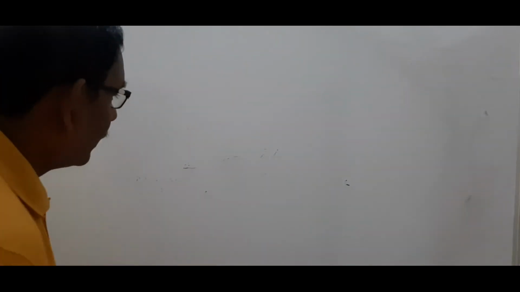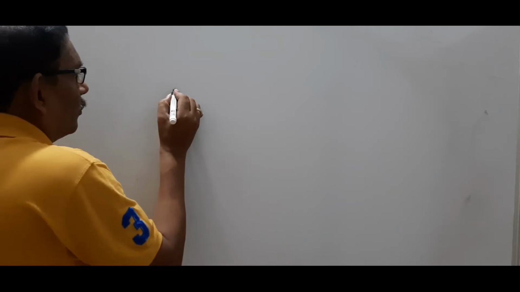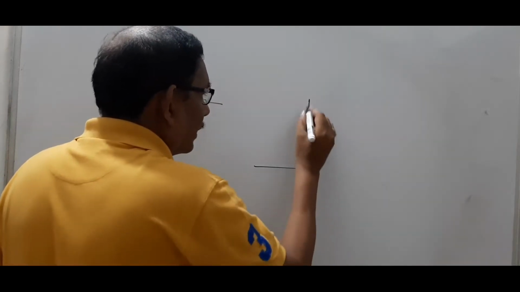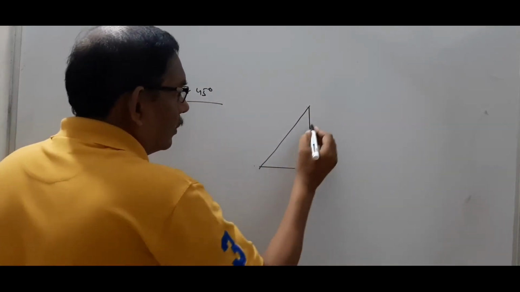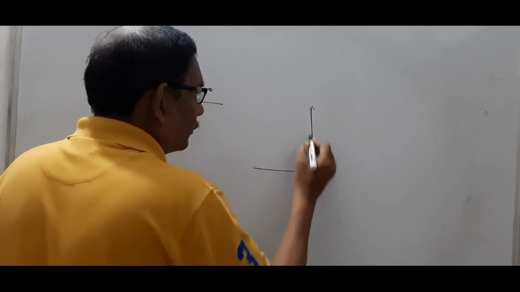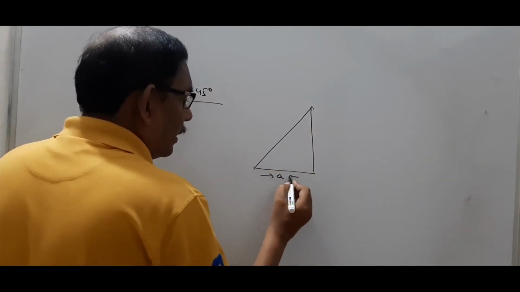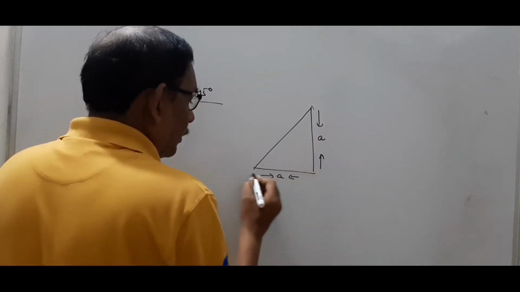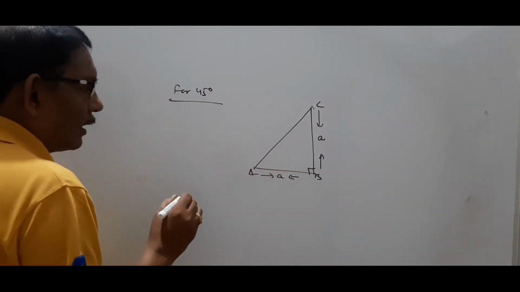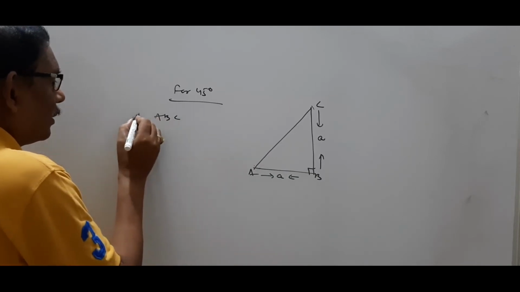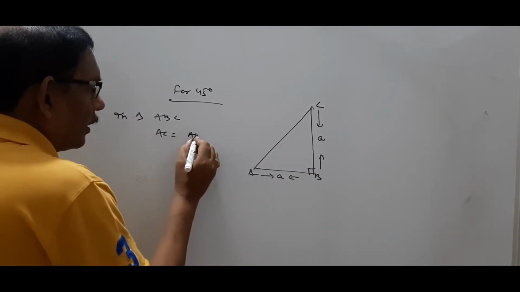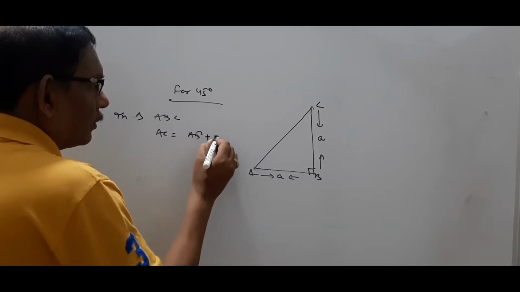Now for your 45 degrees. For 45 degrees, draw an isosceles right angle triangle ABC, right angle at B. So in right angle triangle ABC, AC is equal to the square root of AB square plus BC square.